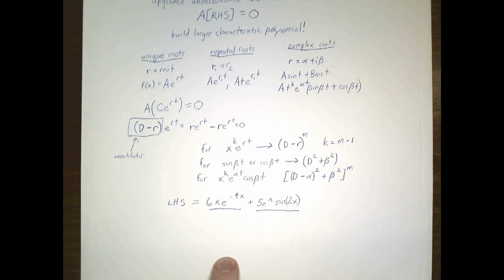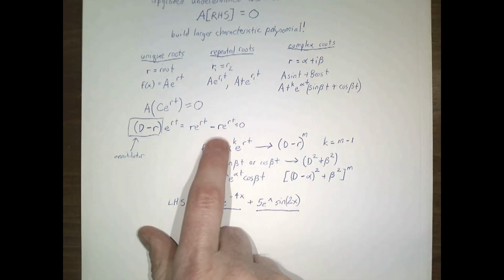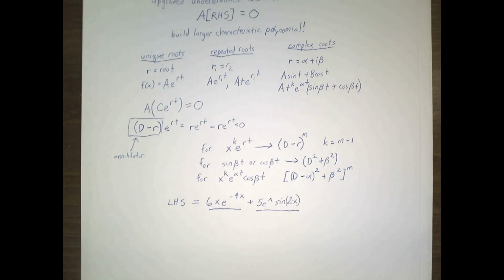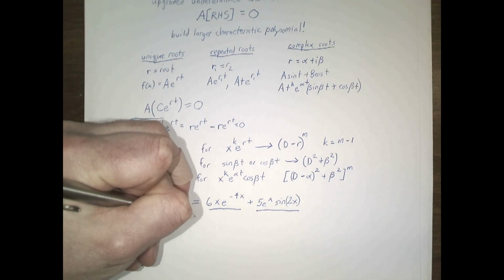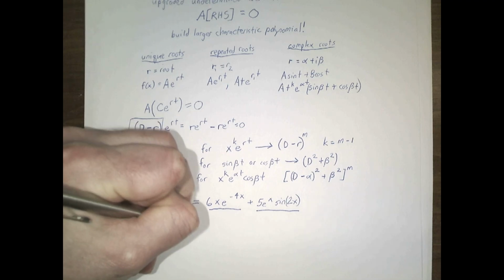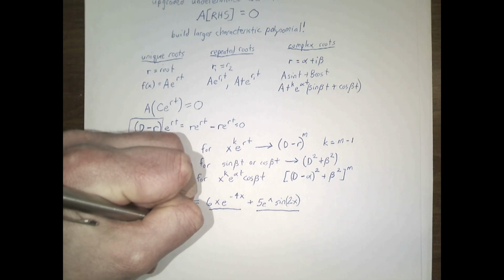So we look at our forms here. For our first term here, we've got an x times an exponential. So what I want to do is find the form that matches that. That's our repeated root form up here. And we only have a linear factor, so m should be equal to 2.